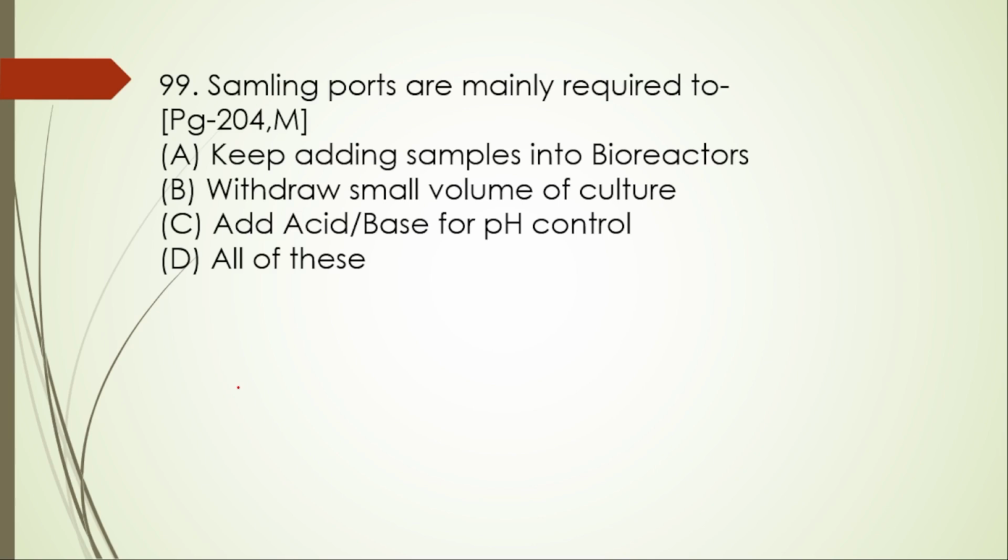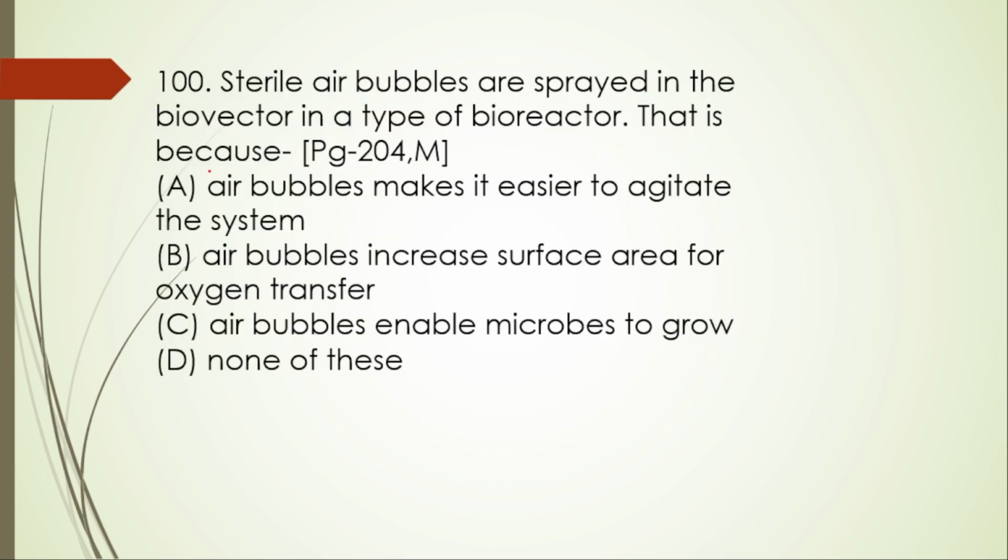Sampling ports are mainly required to keep adding samples into the bioreactors. No. Withdraw small volume of culture. Right. Add acid and base for the pH control. All of this. So here this is right for the bioreactor.